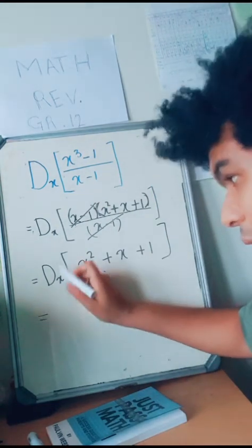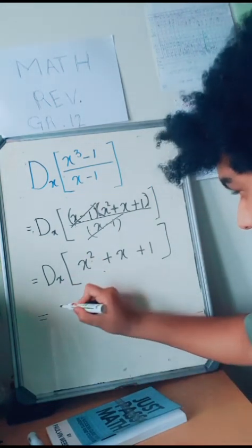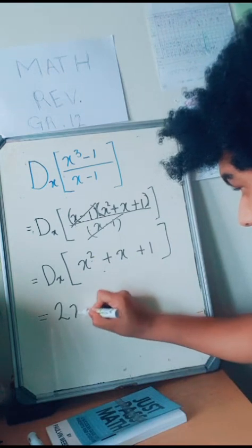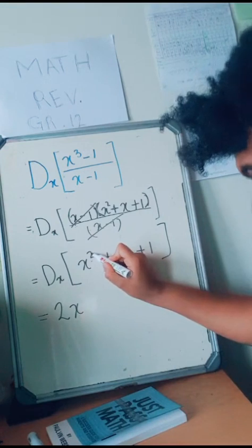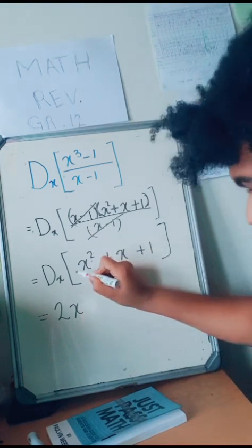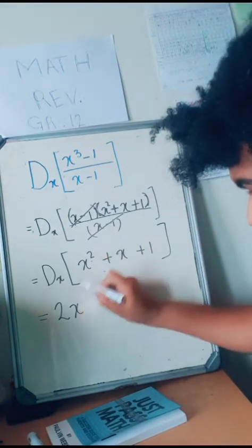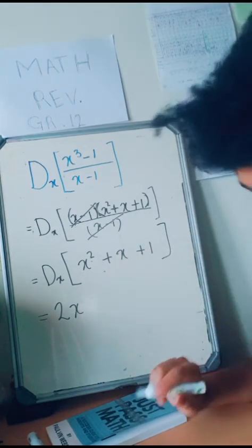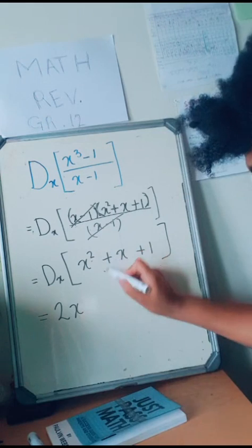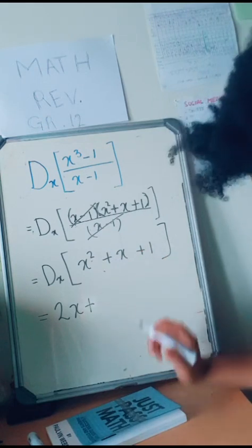So it's going to be, now I'm going to drop this, okay? So it's going to be 2x, because the rules of differentiation say that we take this 2, we multiply by the invisible 1, which is going to give us this 2. We keep that as it is, and then we subtract 1. There's the invisible 1. There's a plus symbol, so we write it down.